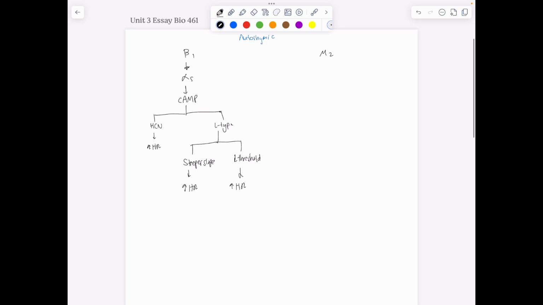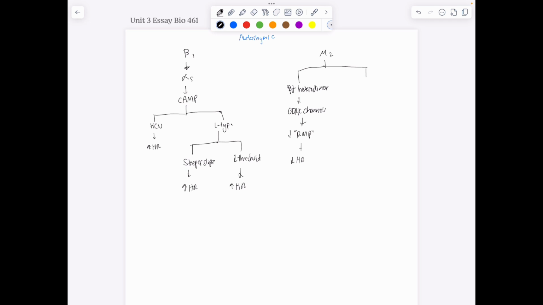Then we have our muscarinic, and that can be broken into two. We have our beta gamma heterodimer, which will then open up GIRK channels, which will lower our RMP, which will lower our heart rate.